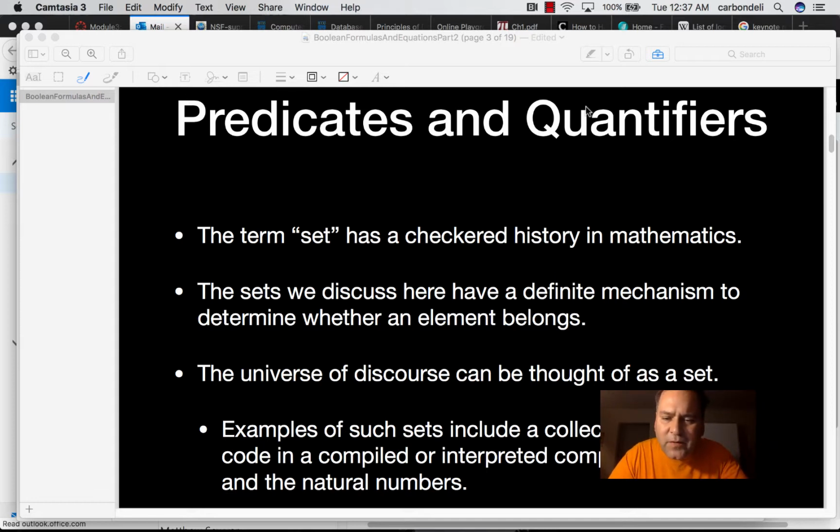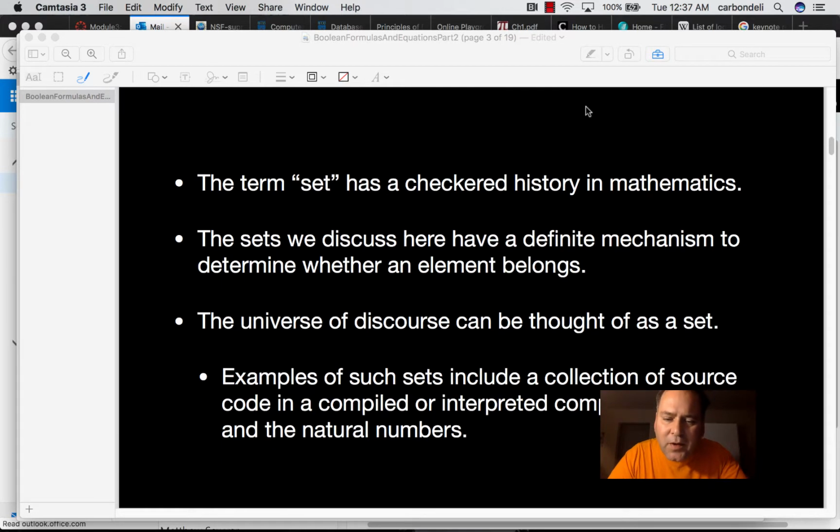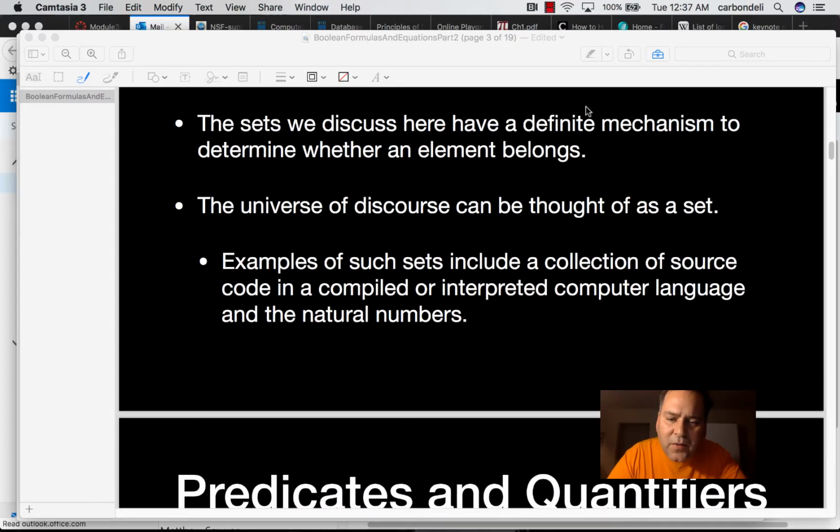The universe of discourse can be thought of as a set. Examples of such sets include a collection of source code in a compiled or interpreted computer language, and potentially also the natural numbers, which are positive integers, sometimes including 0, and sometimes not including 0.